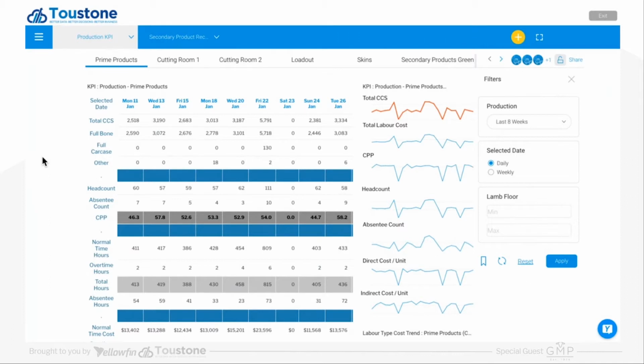Now, labour costs are a function of production output divided by your cost of labour to get your per unit cost of production. The per unit cost of production is a massive driver in terms of profitability or margin generally in the industry.